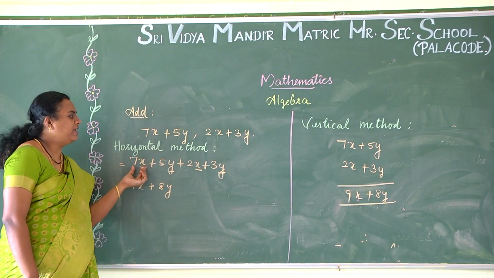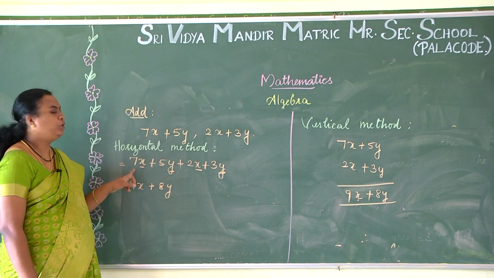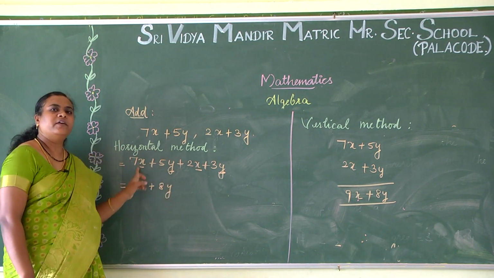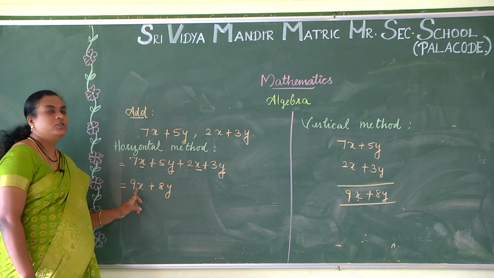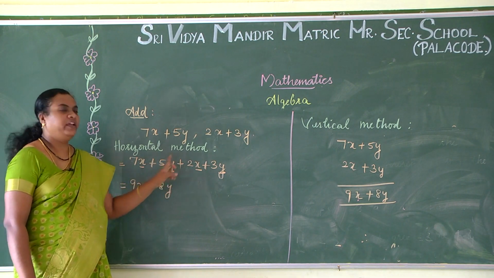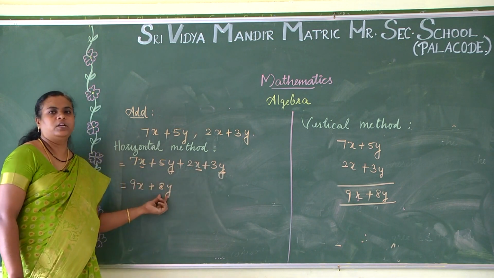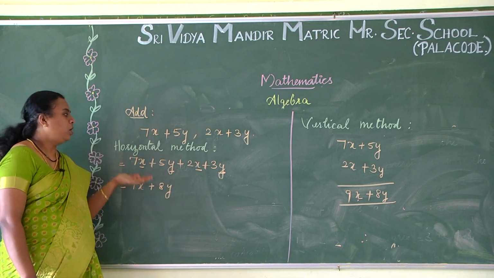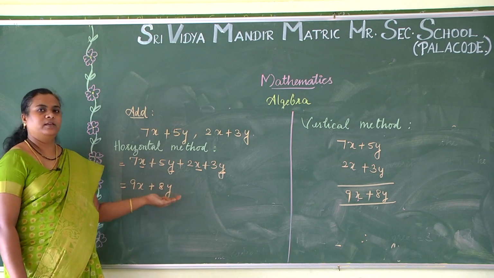Here 7x and 2x have the same variable, so we add these two. 7 plus 2 is equal to, yes, very good, 9. So 9x. In the same way, we add 5y and 3y. 5 plus 3 is equal to 8. So 8y. So the answer of this expression is 9x plus 8y.